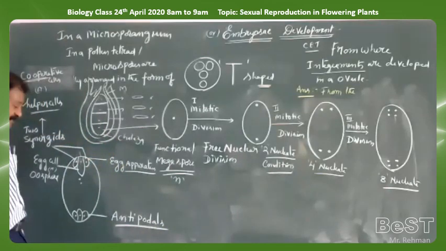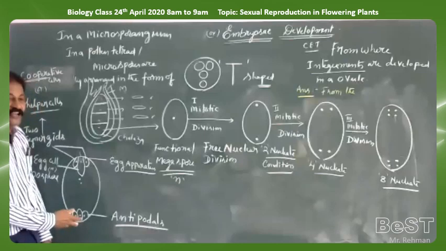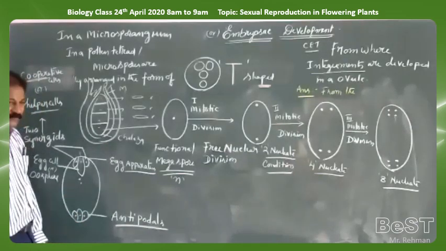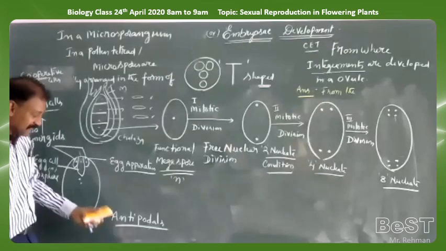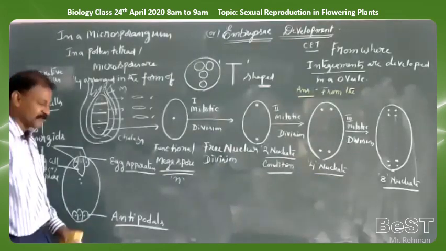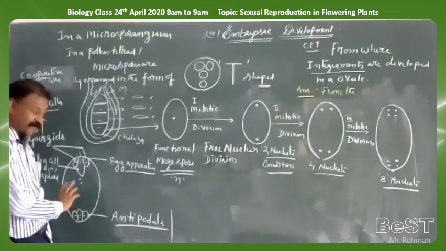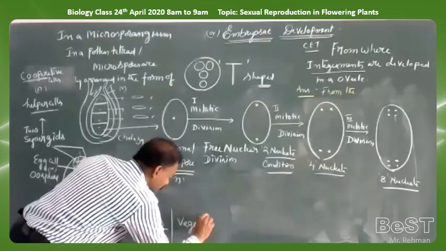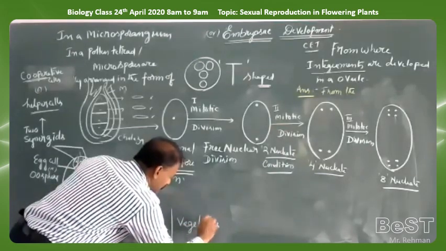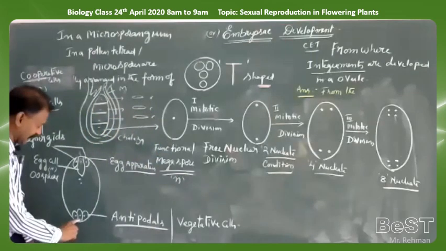It was thought that they provide some sort of nutrition to the embryo sac, and in general they were called vegetative cells. They disappear at the time of fertilization. Antipodals, 3 cells.